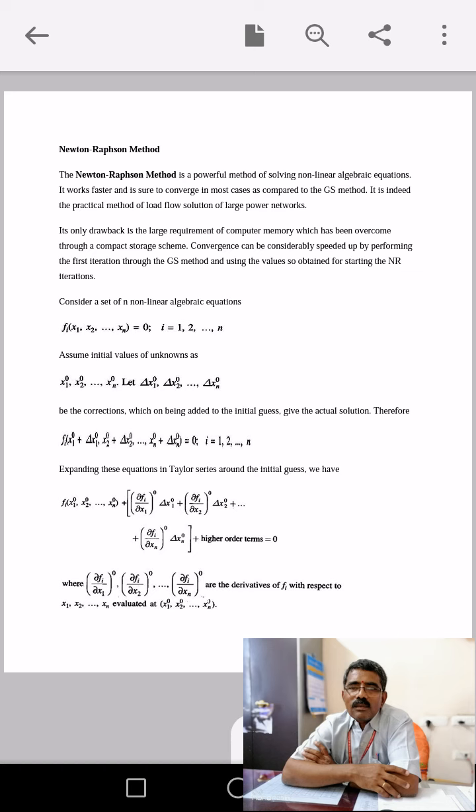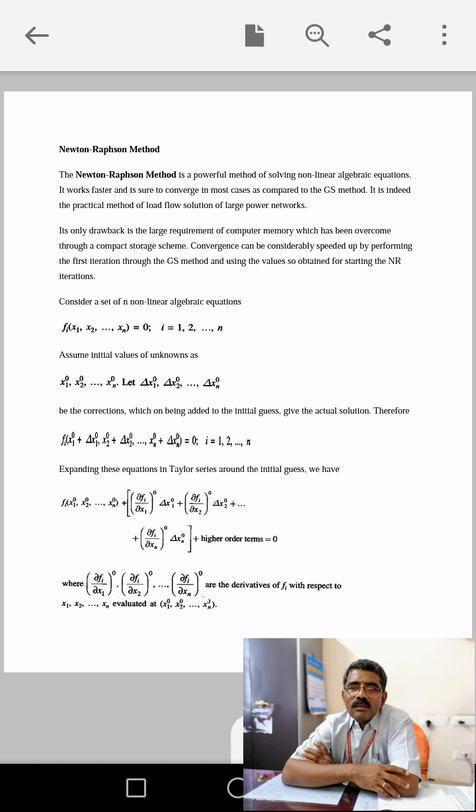Now this function, or this set of equations, we are having n equations, these are to be expanded using Taylor's series around the initial guess. So if you expand that in the form of Taylor series, it can be written as fi of x1(0), comma x2(0), etc., xn(0), plus the derivative terms dou fi by dou x1 at (0) delta x1(0) plus dou fi by dou x2 at (0) delta x2(0), and so on and so forth.